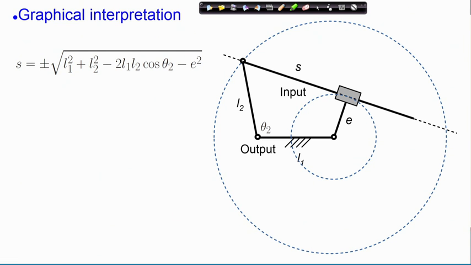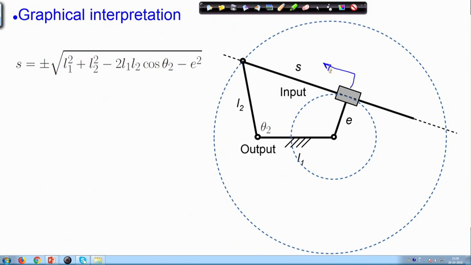So, I have written out the solution of S plus or minus this quantity. Now, plus is interpreted as a displacement in this direction. This is positive S and of course, this is negative S.